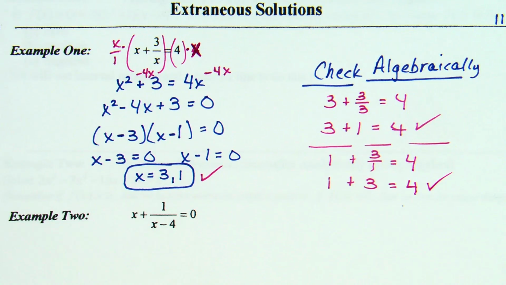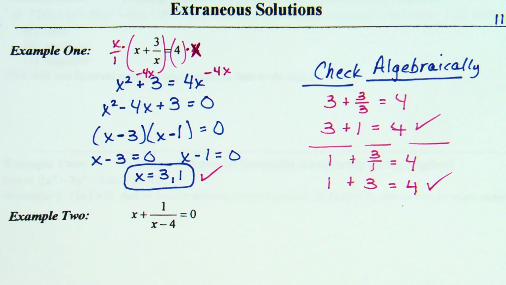Okay, let's try example 2 then. What are your thoughts on example 2? Okay. This time we have a denominator of x minus 4. And so how do we get rid of a denominator of x minus 4? You multiply by x minus 4, which is fine. We can do just that.